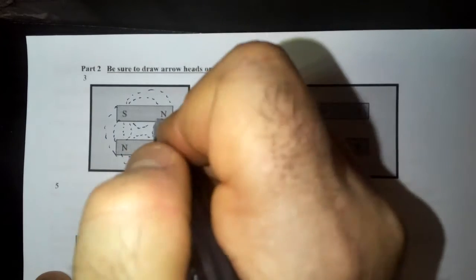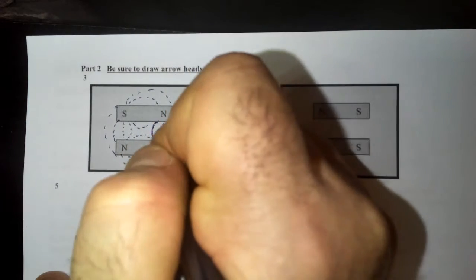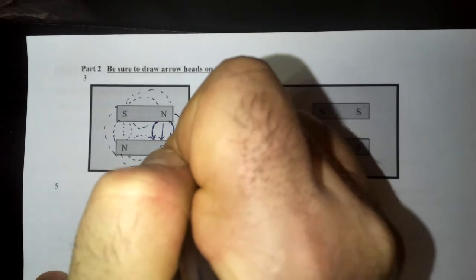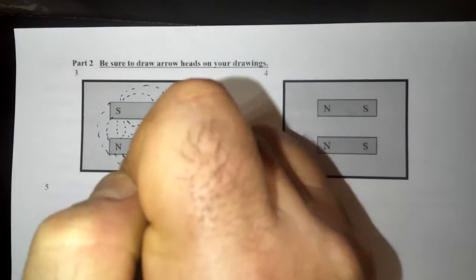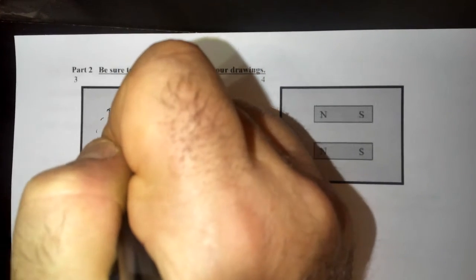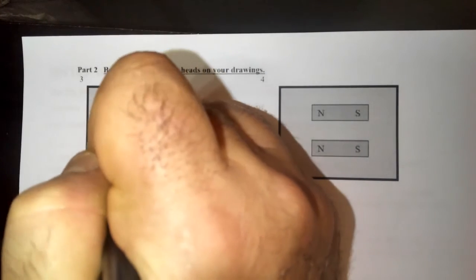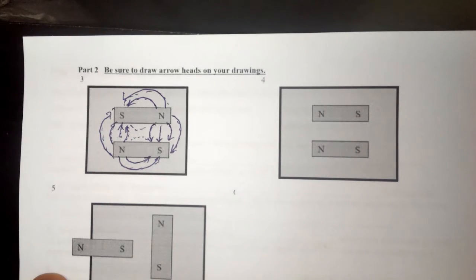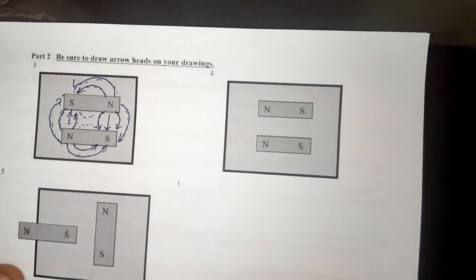So draw the field lines from the north to the south, arrows going from the north to the south. Something along those lines. Number 4.